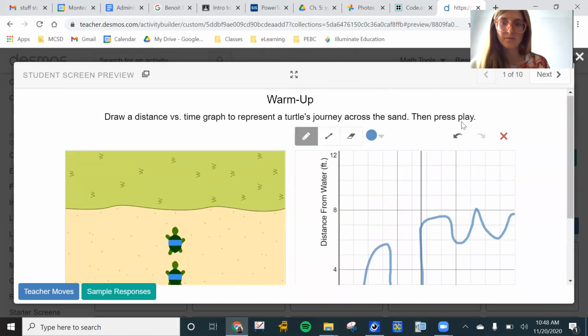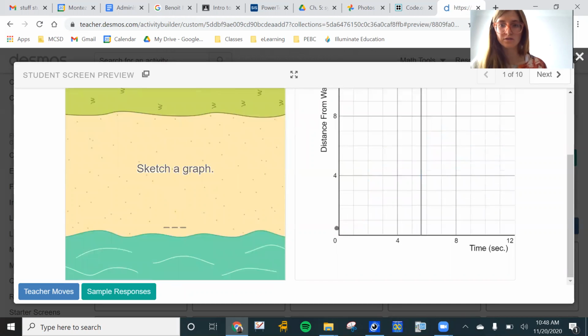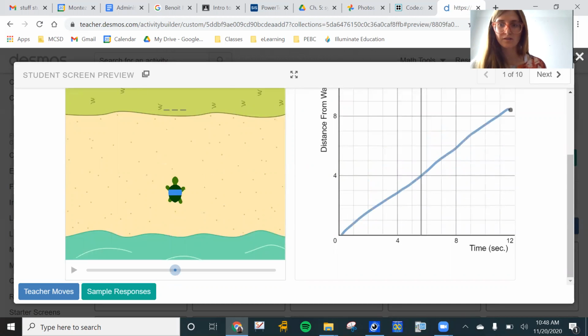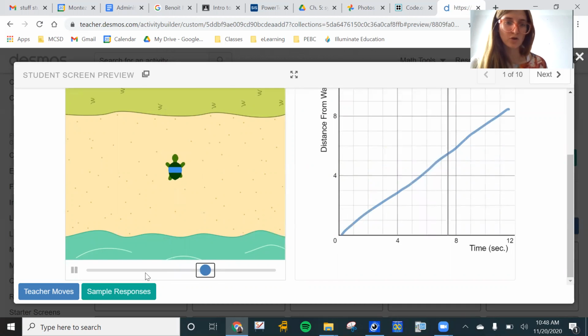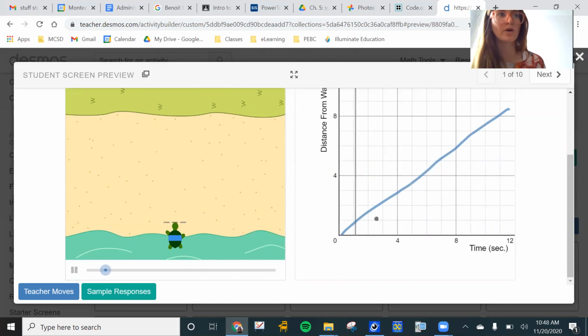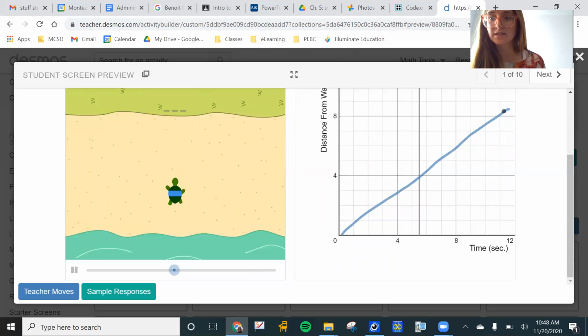So if I did something a little simpler, just a straight line, it's just going to show me the turtle going further and further away from the water at a constant speed. There are no multiple turtles.